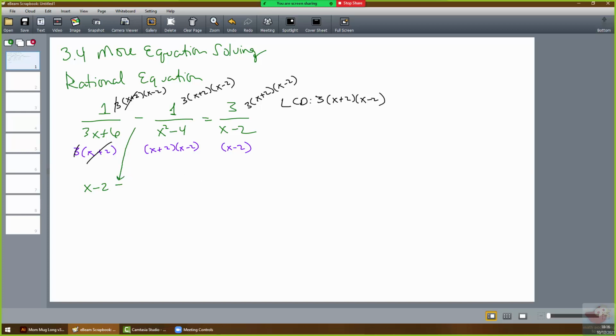The second fraction, the x plus 2 and the x minus 2 cancel. So we're left with 1 times 3, which we can just say is 3. That's nice. Equals, and on the right, the x minus 2 cancels. So we are left with 3 from the numerator times 3x plus 2 from the LCD.